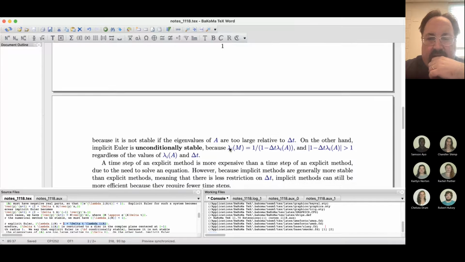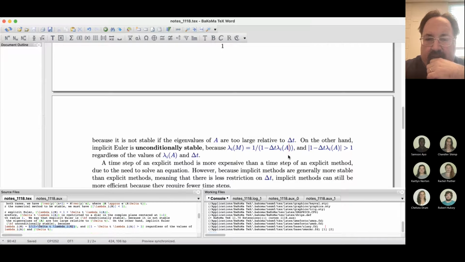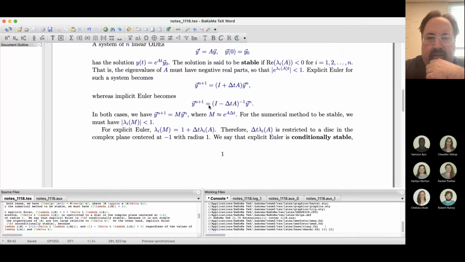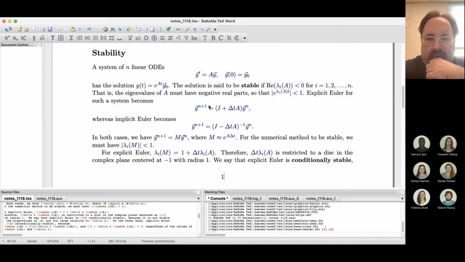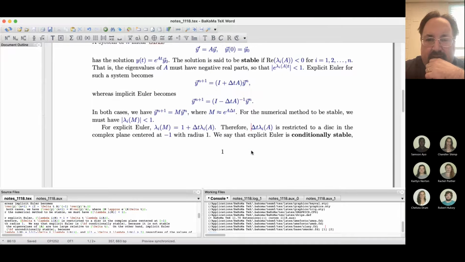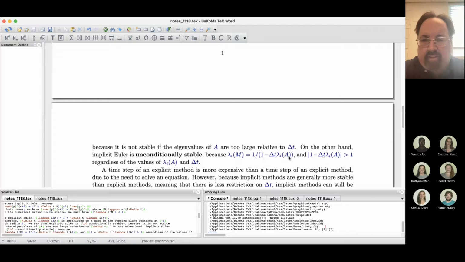On the other hand, if you look at implicit Euler, here are the eigenvalues of M in this case. You're taking 1 minus delta t times the eigenvalues of A, but then M in the implicit Euler case is an inverse matrix. So then you're taking 1 over the eigenvalues of this. So that's where we get the eigenvalues of M in this case. Now, keep in mind, A has eigenvalues that have negative real parts.